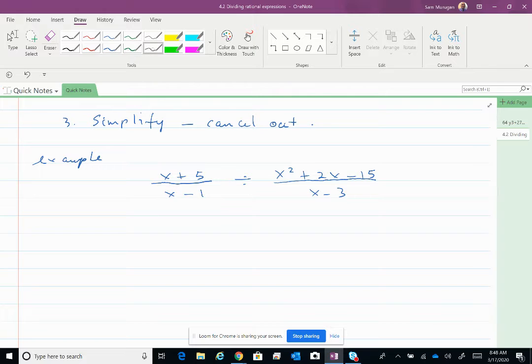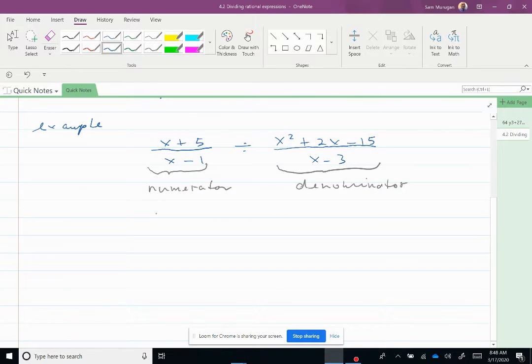What I want to point out right here is this part here is the numerator. That whole expression is the numerator. And this whole expression is the denominator. So when I keep this, flip this over and change the sign to multiply.